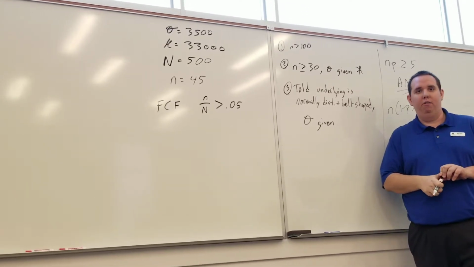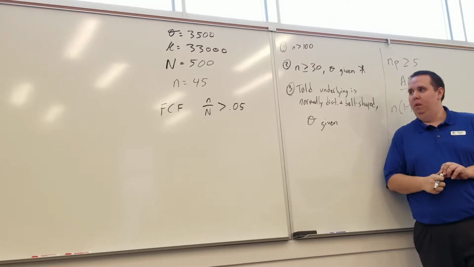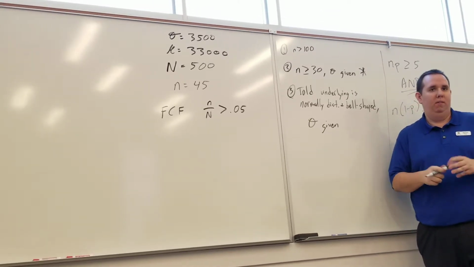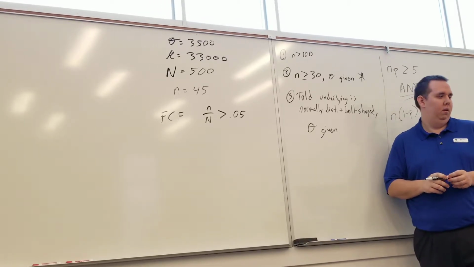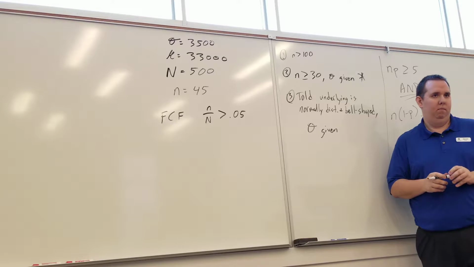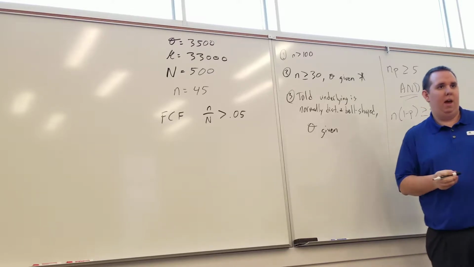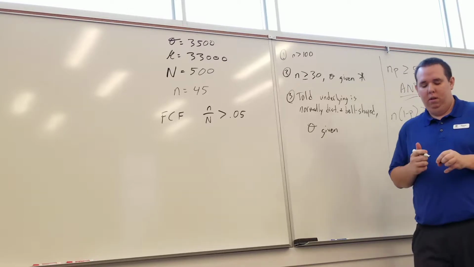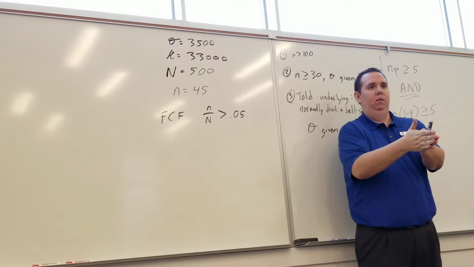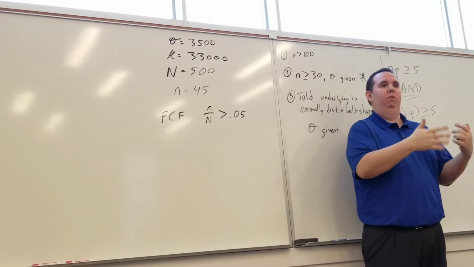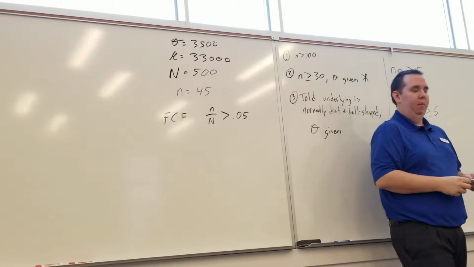So the finite correction factor is a bonus. What does it do for us? It helps really hone in on more truthful data for our population based off of a sample.